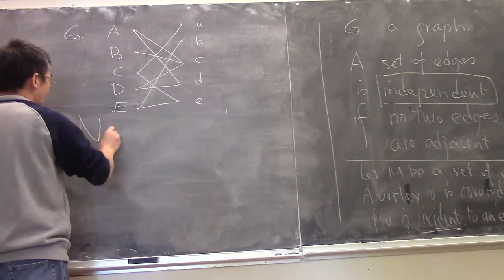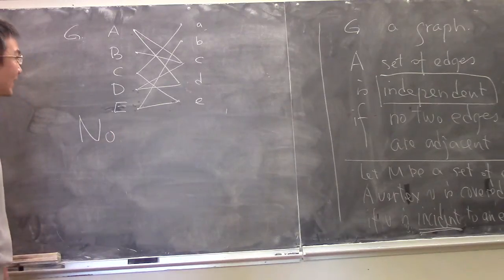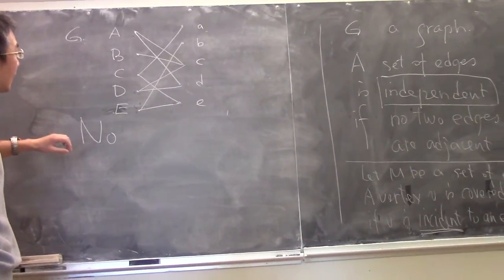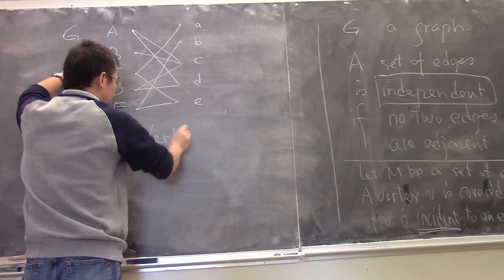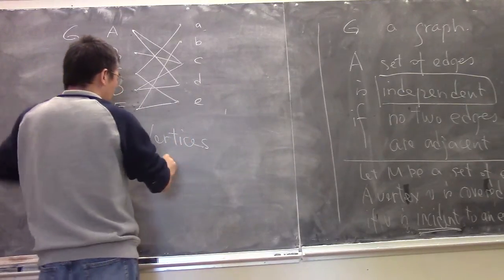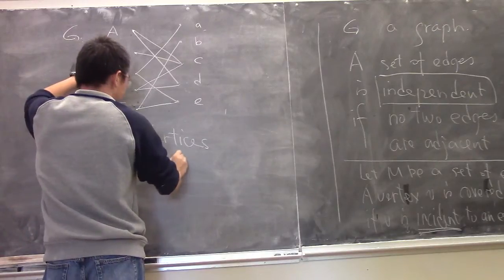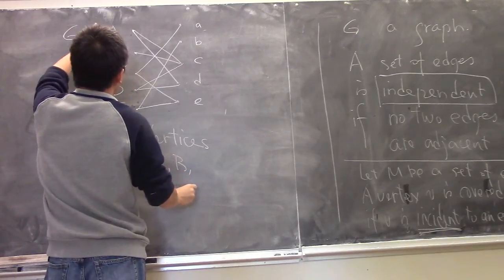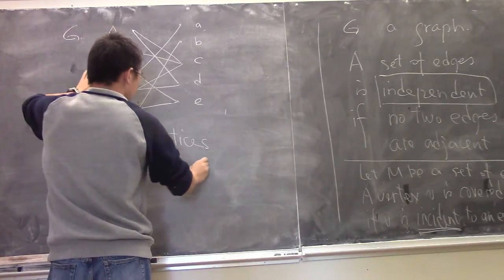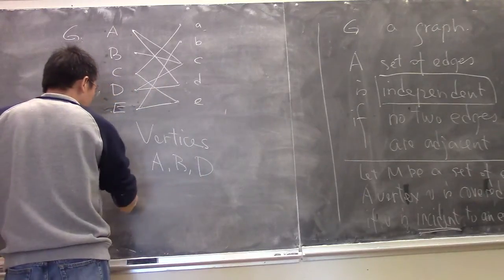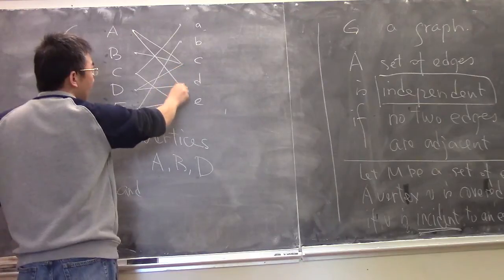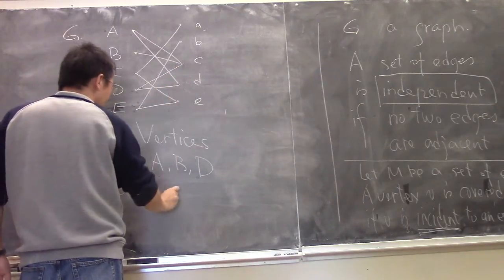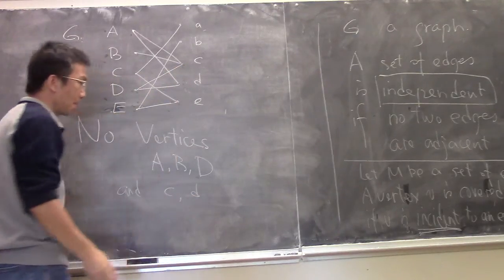The reason is if I look at the vertices A, B, and D, and these are three people. And then if I look at the jobs, little c and little d, right?